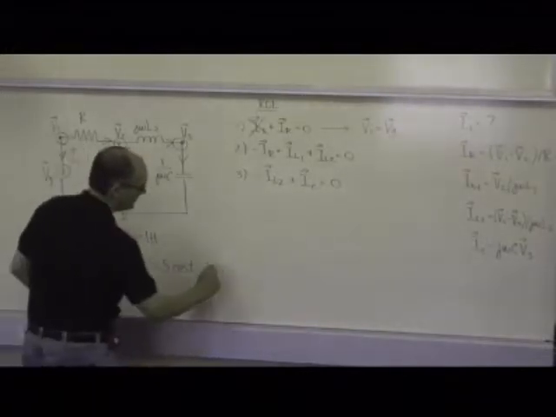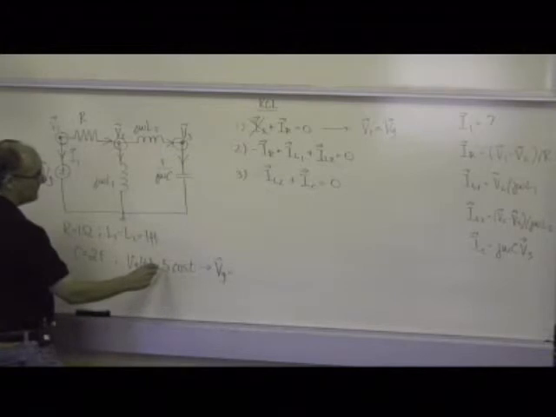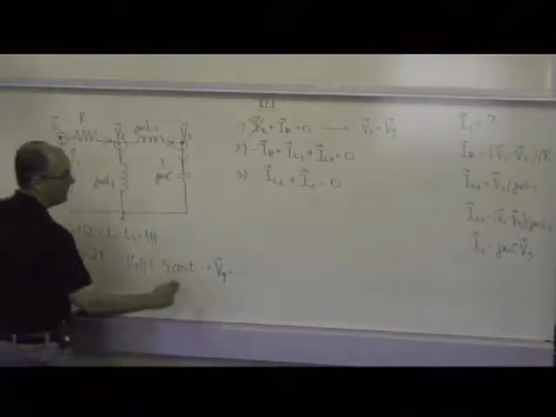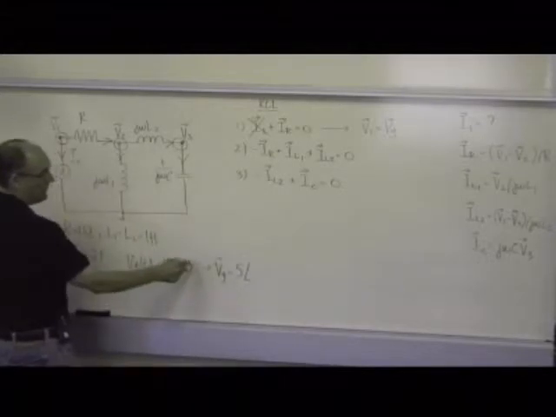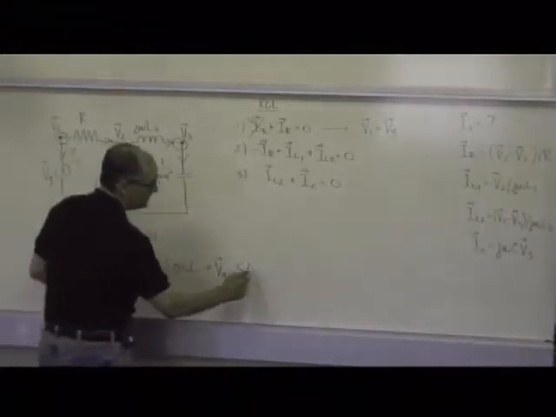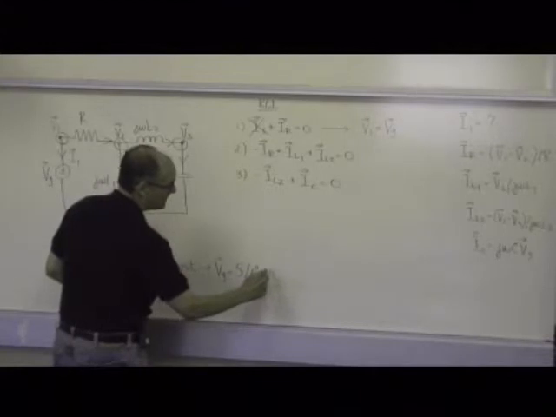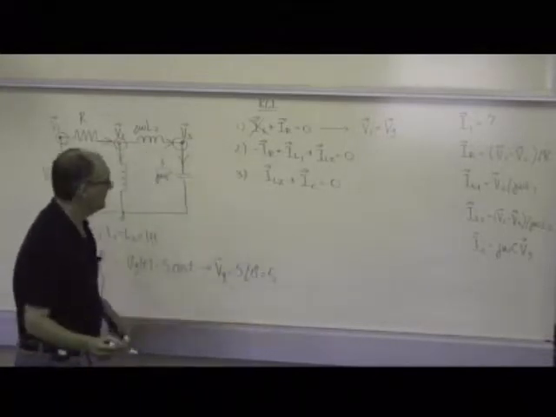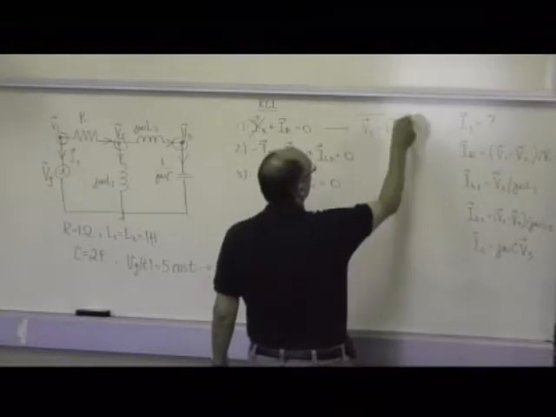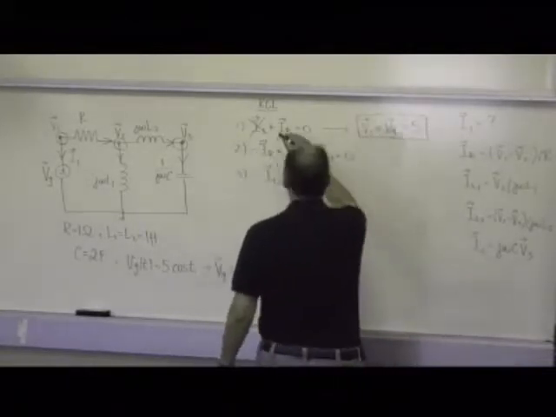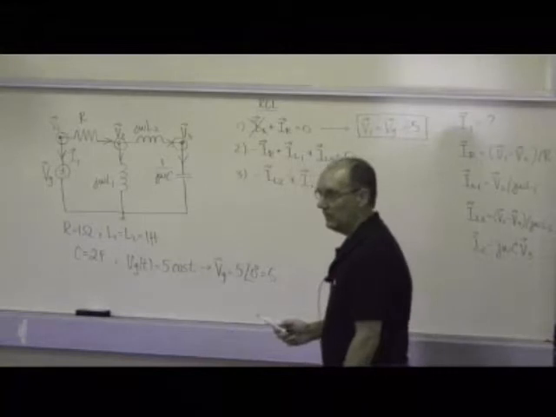The phasor associated with this sinusoidal source is a complex number whose magnitude equals the amplitude, so it's 5, and whose angle is whatever angle we have here, and that happens to be 0. So that's a real number, and therefore I have a 5 here. So I made up for that lost equation.